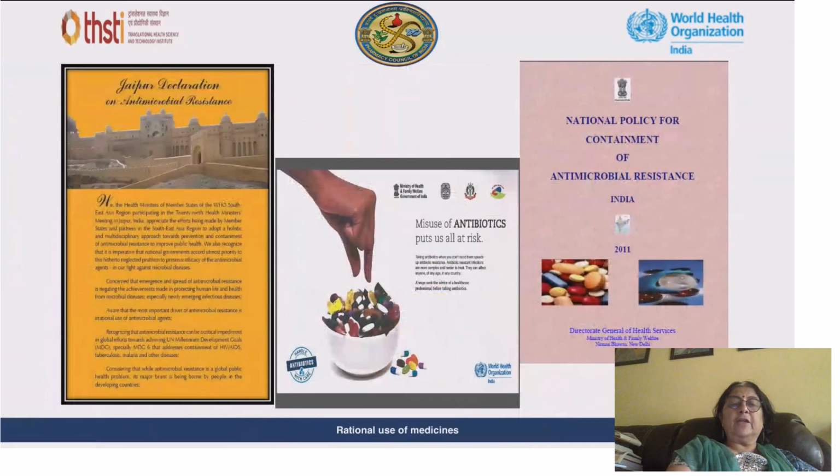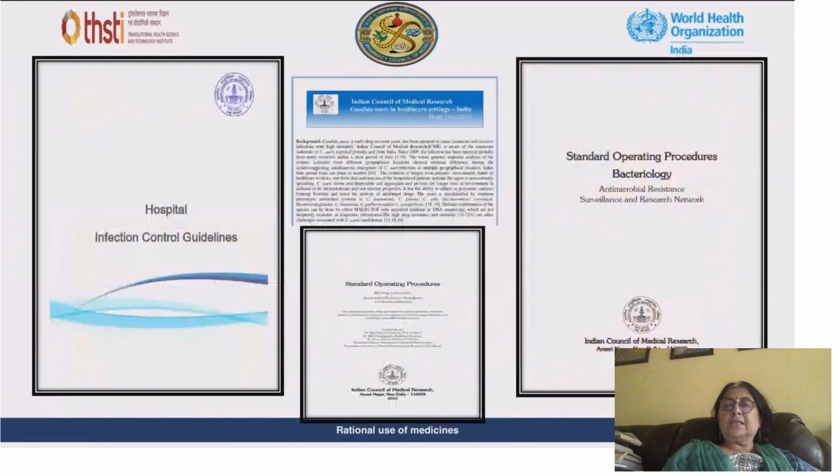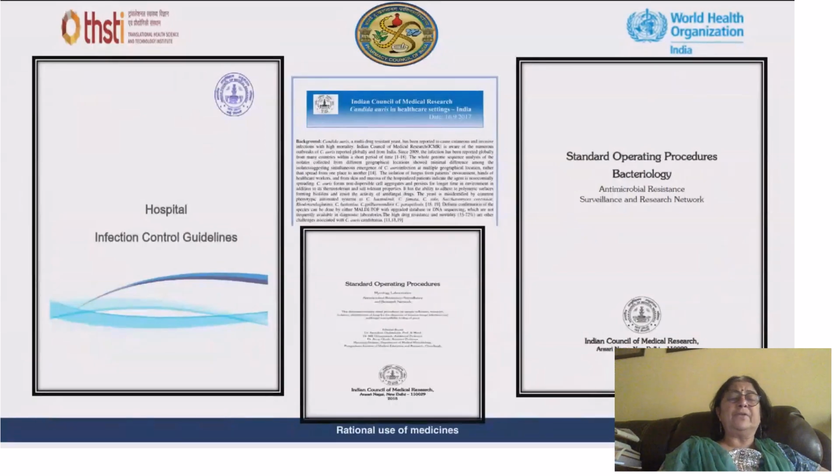There is, for example, the National Policy for Containment of Antimicrobial Resistance 2011, Standard Operating Procedures for. It's also very important that you have SOPs for how to do the tests which detect this antimicrobial resistance.